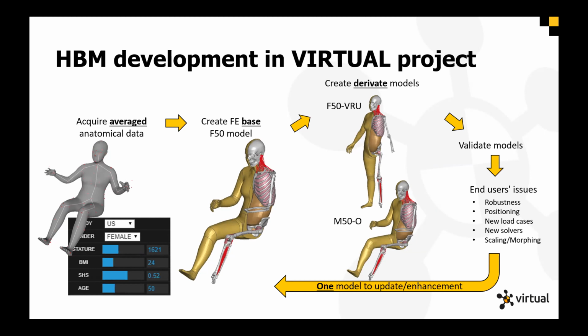Using mesh morphing, we then create what we call derivative models. Here we see the standing female and the seated male. And the difference between the base model and the derivative models is mainly the node file with the nodal coordinates. And this means that when it's time to do bug fixes or model enhancements, these changes just need to be implemented in the base model.